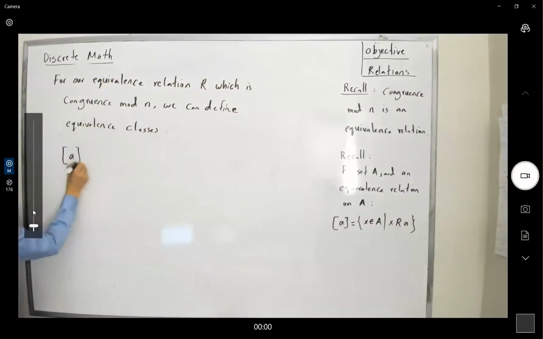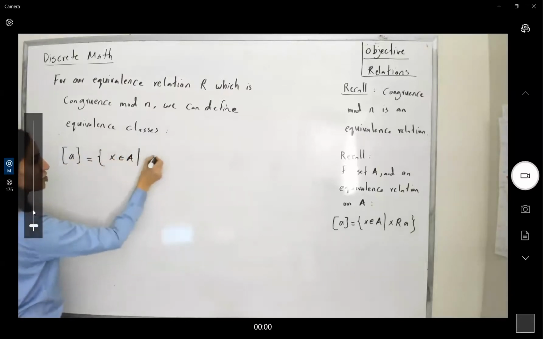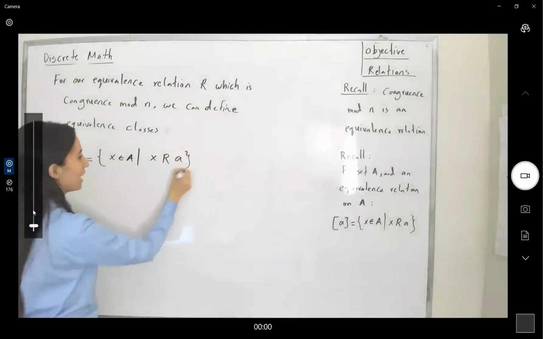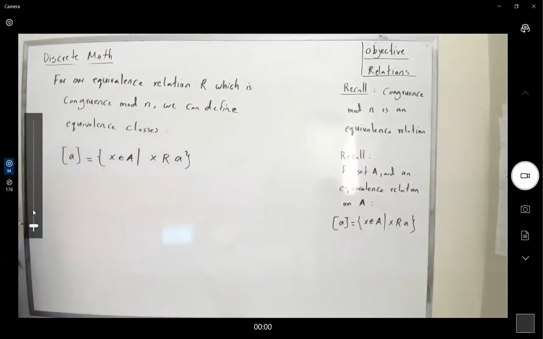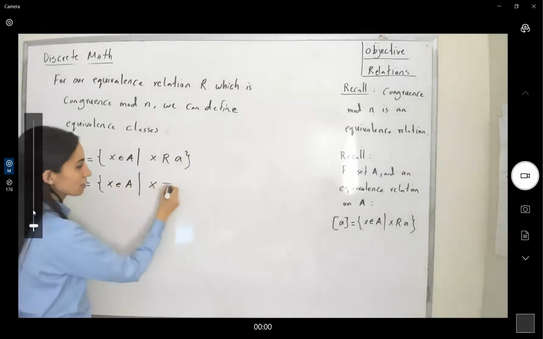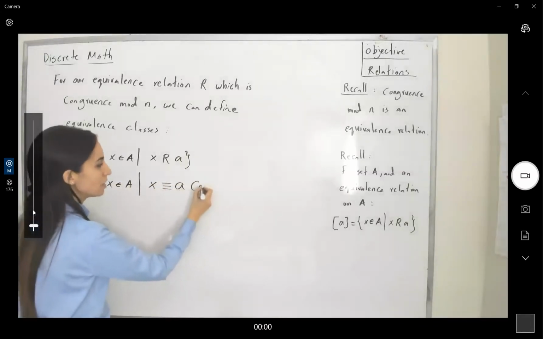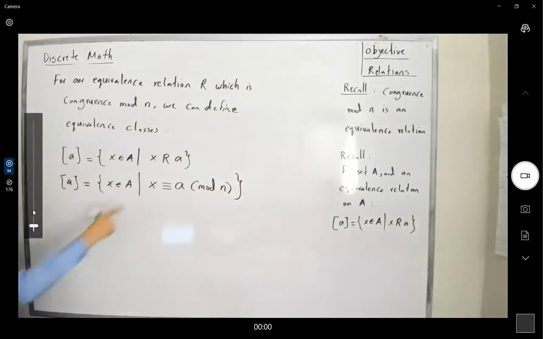The equivalence class of a is defined as the set of all elements in A such that x is in relation with a. This relation is now replaced by the congruence relation. This is equal to the set of all elements in A such that x is congruent to a mod n. We just replaced this relation by congruence mod n.